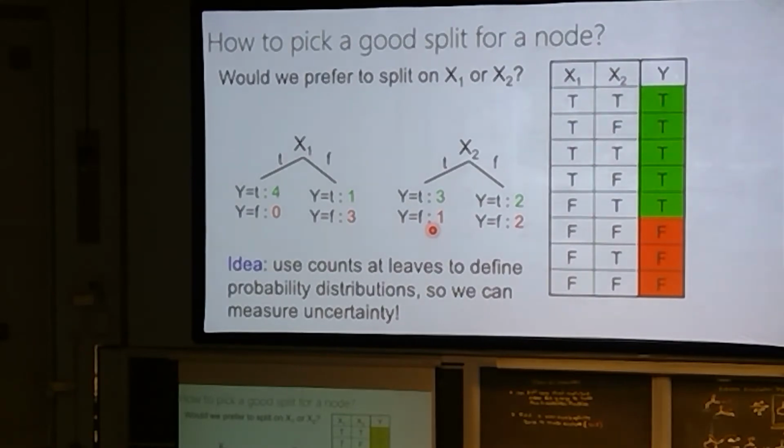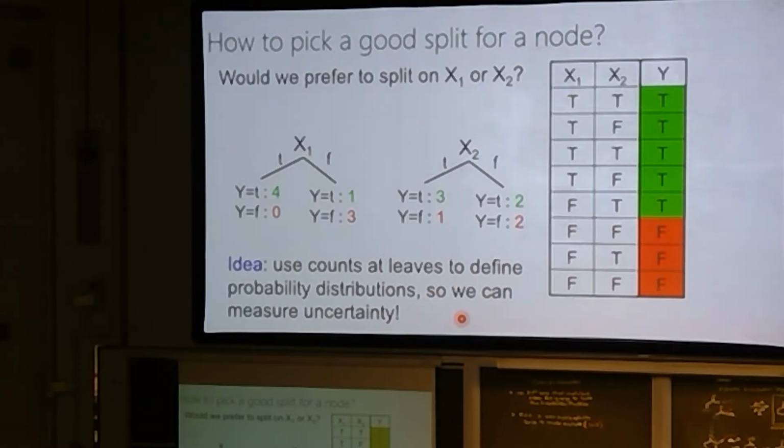What if I pick this attribute next? You're going to try every attribute and compute a score that says how much better the tree will be if I split on that attribute, or that attribute. And the way you're going to do that is to use the counts at the leaves of each possible attribute.